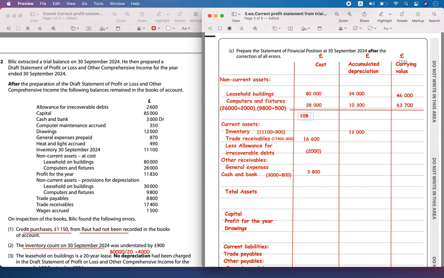So the total cost is 108,000. 34 plus 10, 44,300. So this one is for 44,300. And this one 46 plus 17,700, this had become carrying value. So 28,000 minus 10,300, so that should be equal to 17,700.